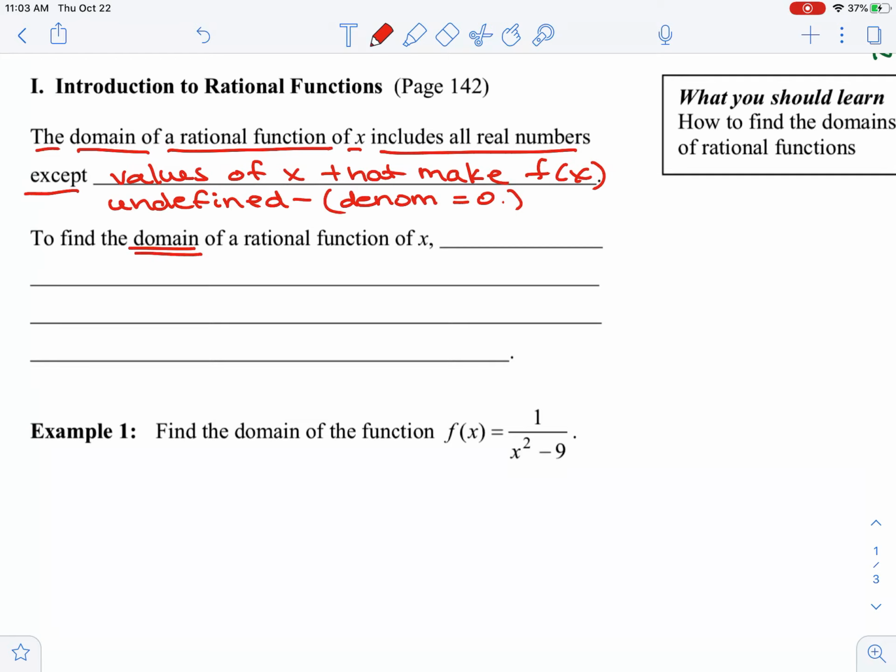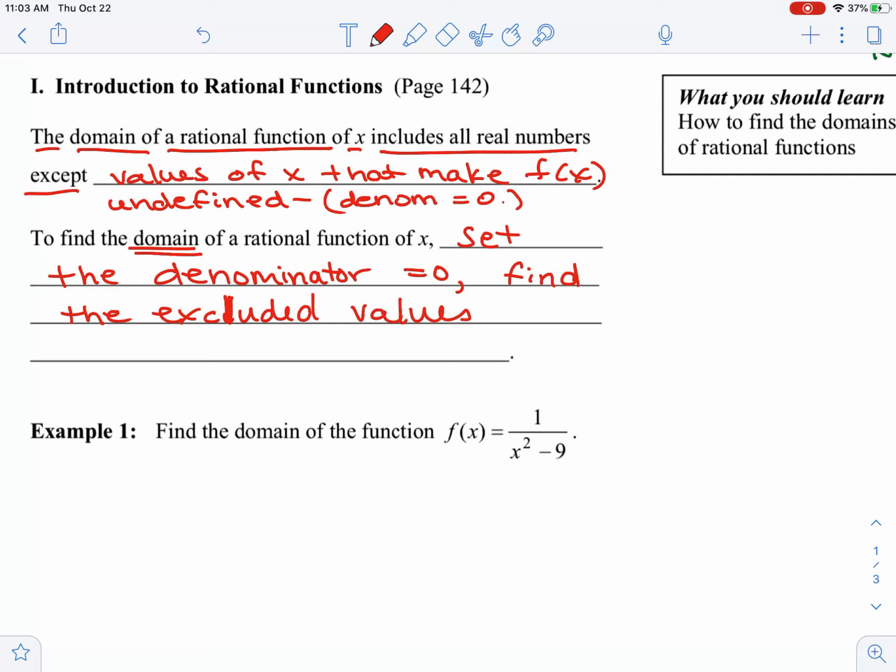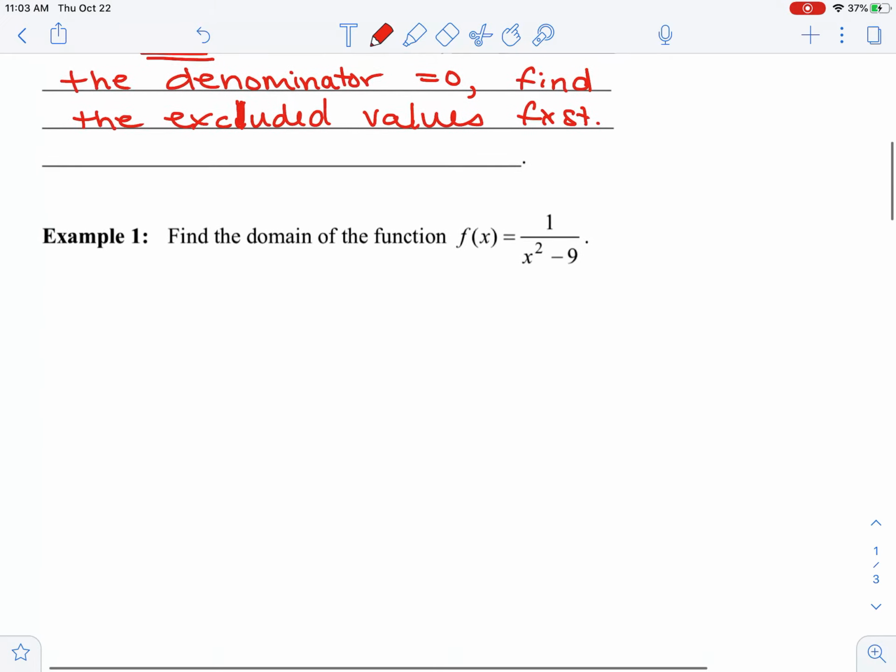And to find the domain of a rational function of x, we're going to set the denominator equal to 0 and find the excluded values first. And we'll show you how to do that right now.